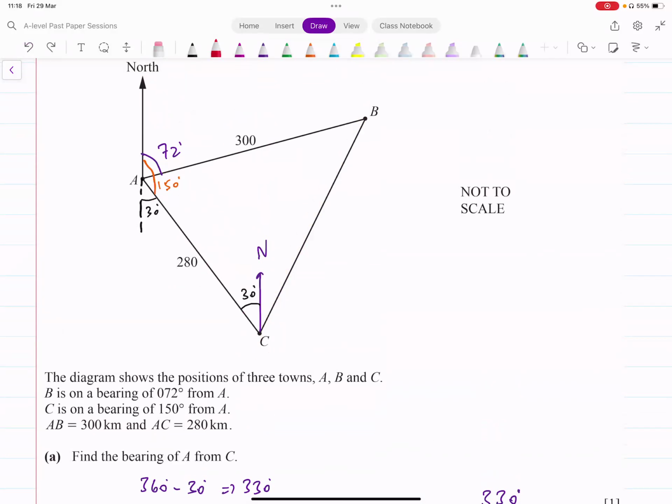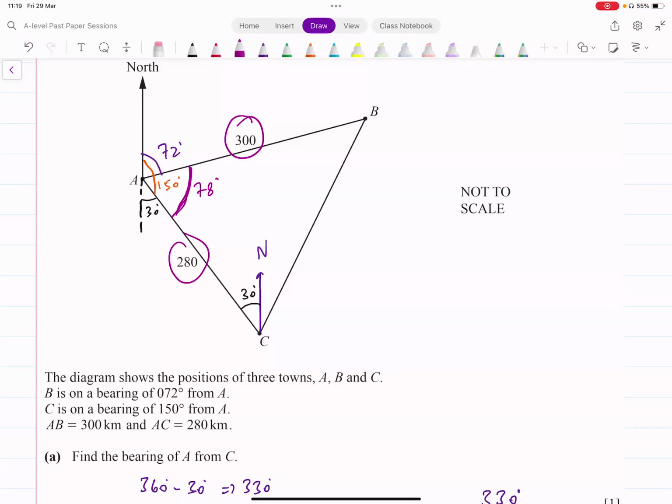Using those two angles we can figure out this angle in the triangle, right? This complete angle is 150. If we subtract 72 from 150, we can get this angle. 150 minus 72 gives us 78 degrees. So this angle is 78 degrees.